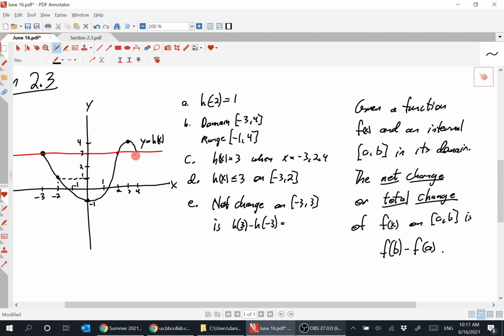Well, h of 3 is 3, minus h of negative 3 is 3, which is 0. So here, the net change of that function is 0, but that doesn't mean the function hasn't done anything. We just ended up at the same place that we started at with the function. So that's the net change.